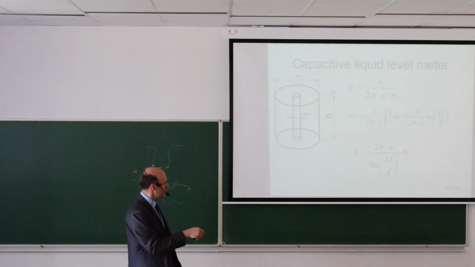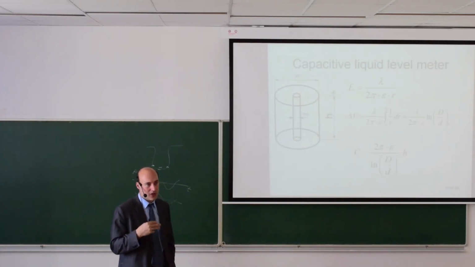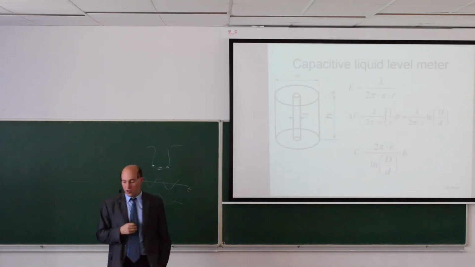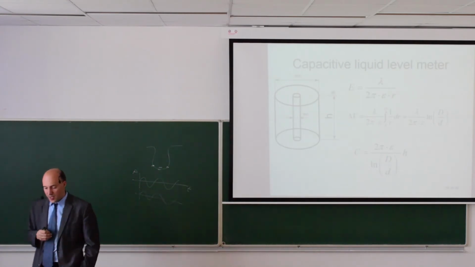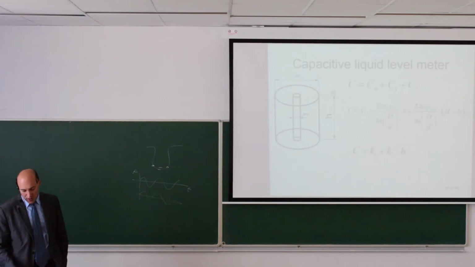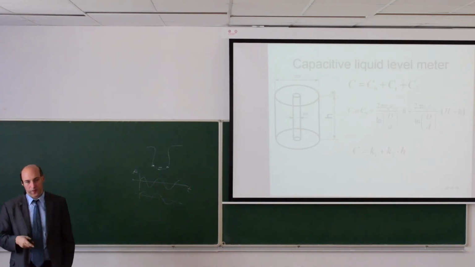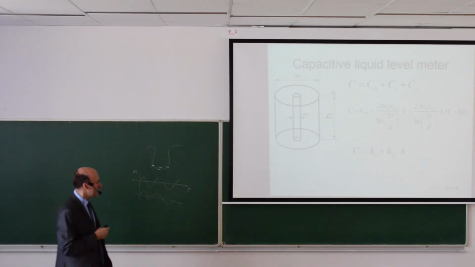You see that it's a linear dependence since all this is constant and this is changing with what we want. So the steady state characteristic of this capacity flow meter will be a linear function, and you may have a constant section which is given by the constant capacity plus then the linear section. So this is the best case that we can have.